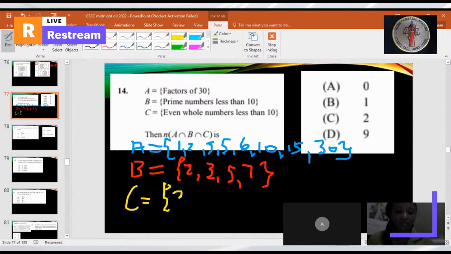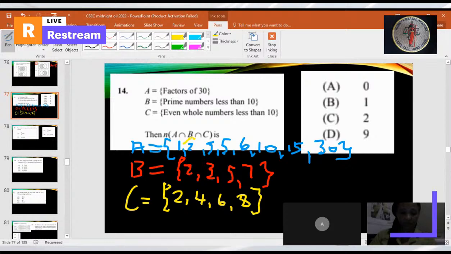The even whole numbers less than 10 would be 2, 4, 6, and 8. So they want where A intersects B and C. So what is in all three? We know that 2 is in all three.